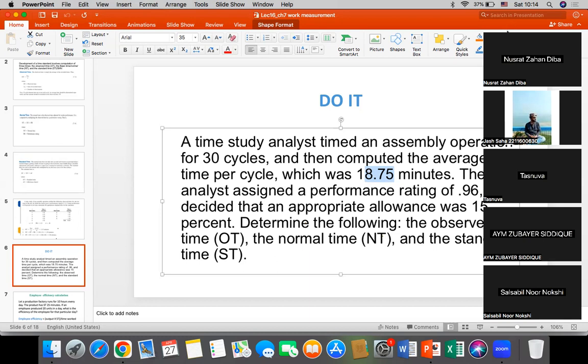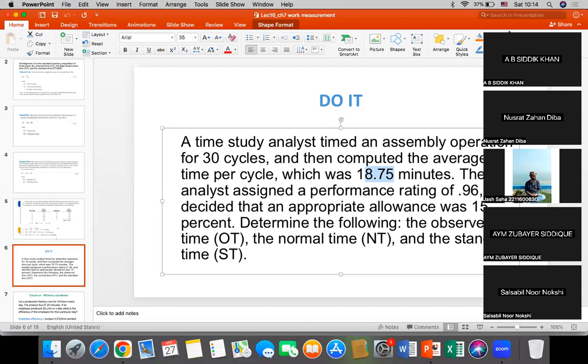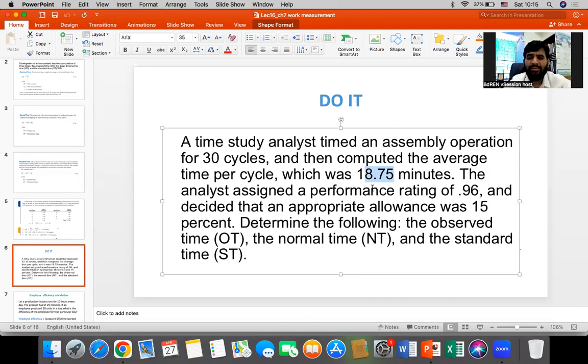Sir, 18.75, because it is the average. It is not the sum of the 30 times. As it is the average, it is the observed time.